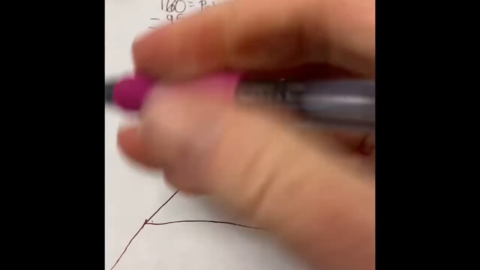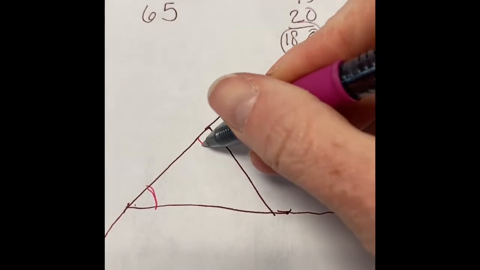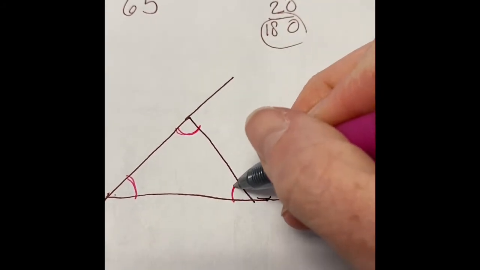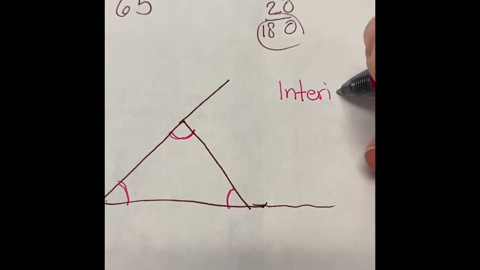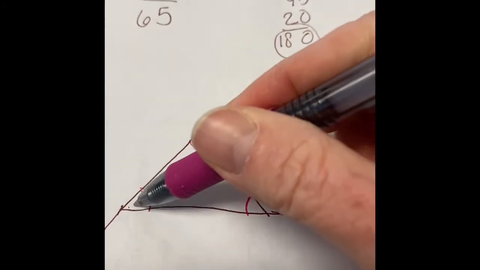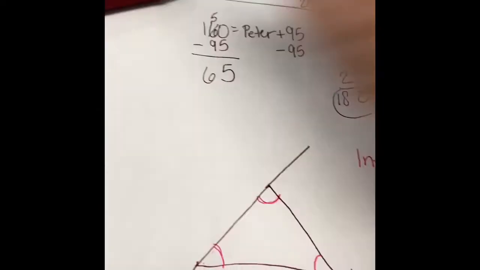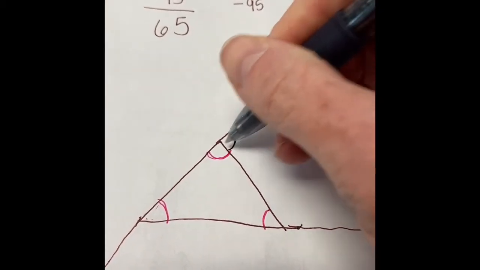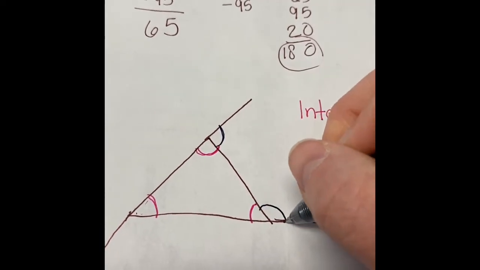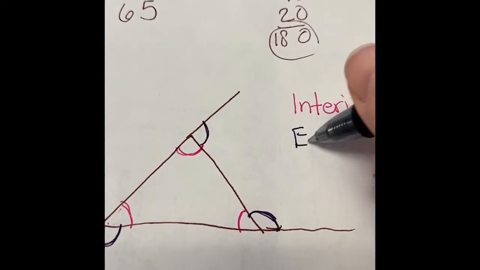These angles in that beautiful hot pink color are interior angles, because they are on the interior of the triangle. If I was painting this triangle, these angles would be painted with the interior paint. In the blue, these angles are, see if you can guess it. If these are interior, what are these? Guess, guess, guess. I'm going to feel the essence of your answer through this computer. They are exterior angles.